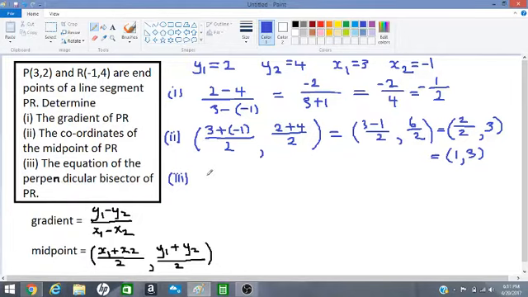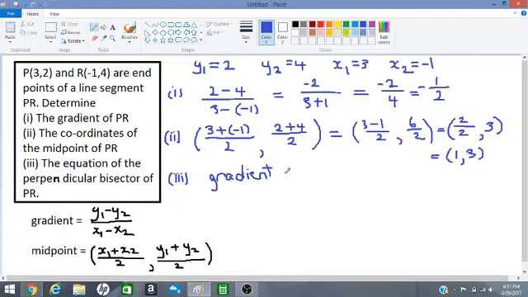So let's find the gradient of the perpendicular bisector. The gradient of the perpendicular bisector is the negative reciprocal of the gradient of a line that is perpendicular to it, which is PR, right?